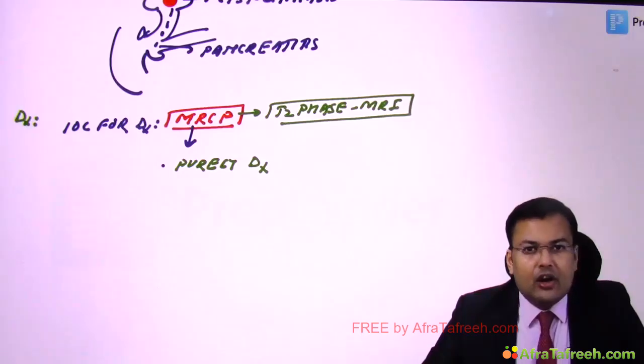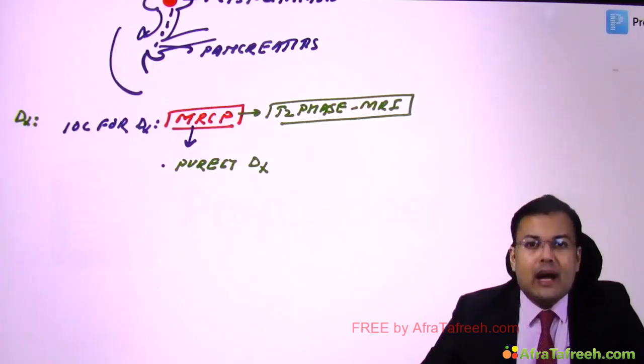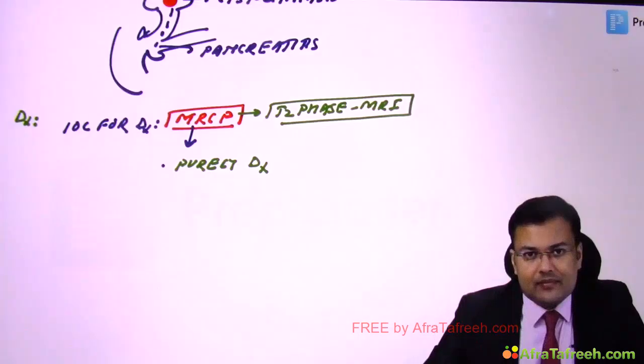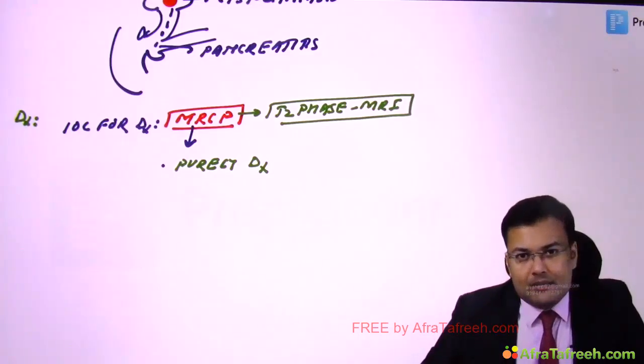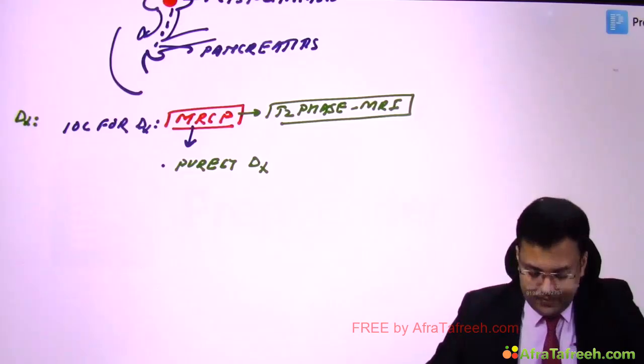Signal void means all these things do not have any signal, and that's why they appear black. And the slow moving fluids in the body like bile and pancreatic juice have high signal intensity.